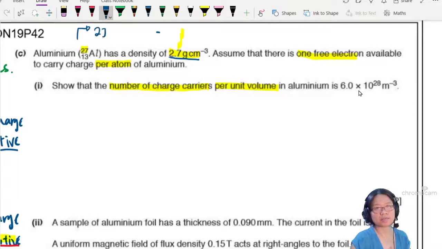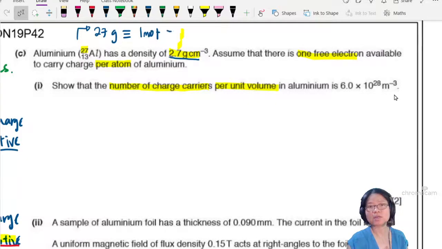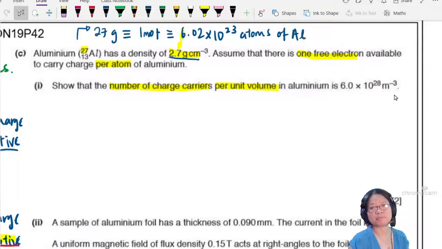This 27 is the mass number of aluminium. So 27 gram is equivalent to 1 mole of particles, which is equivalent to 6.02 times 10 to the power of 23 atoms of aluminium. This is what this 27 means.